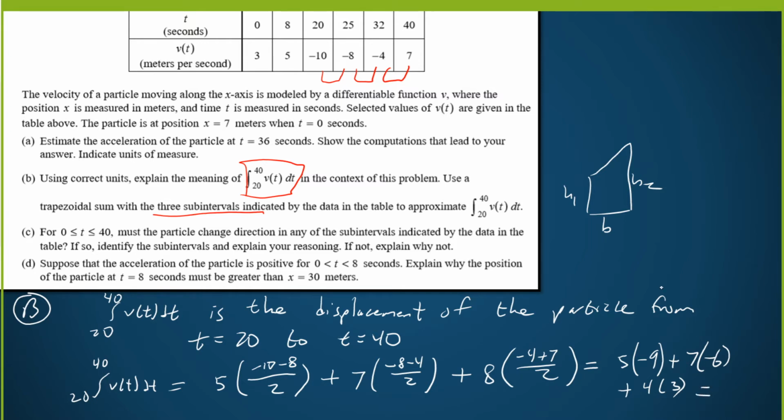Gives me negative 42 plus 12 is negative 30 plus negative 45 is negative 75. What are my units? Meters. Meters, perfect.